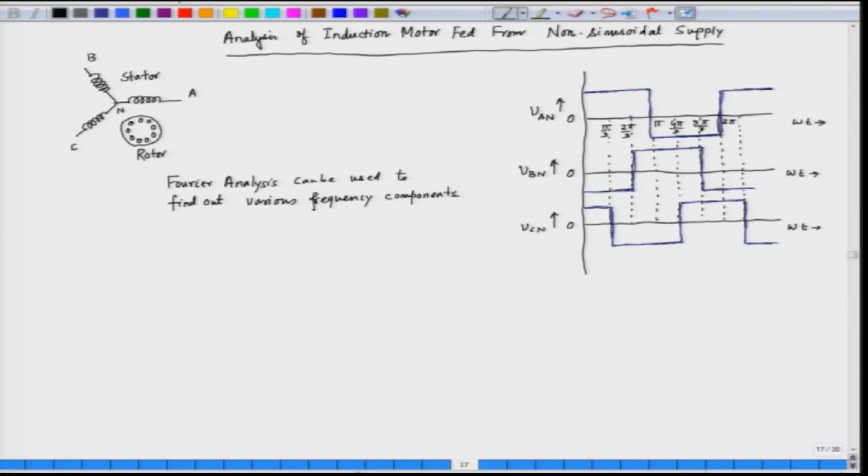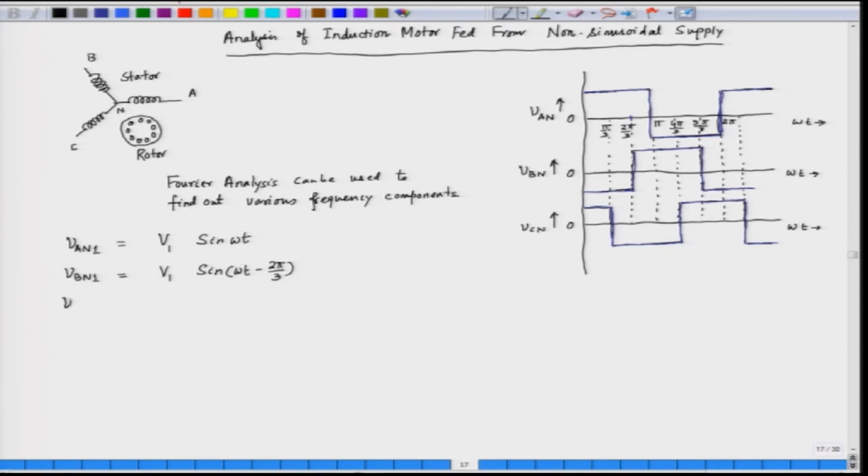Now, if we take the first harmonic, that is the fundamental one, we can call this VAN1, that is equal to some magnitude V1 sin omega t. What about phase B? Phase B for the fundamental is V1 sin omega t minus 2 pi by 3, because phase B is shifted from phase A by 2 pi by 3.